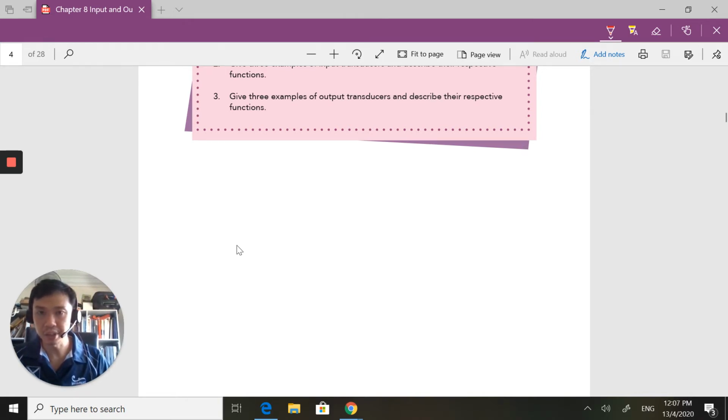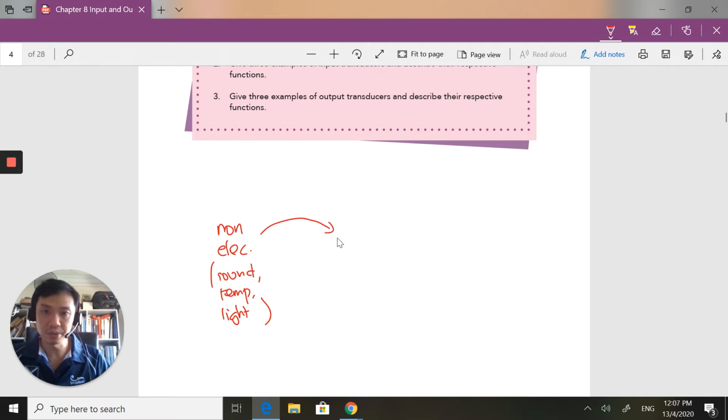Just a quick summary of the first lesson. Transducers are components that are able to convert non-electrical signals, and some of these signals we are talking about are sound, temperature, light, into an electrical signal.